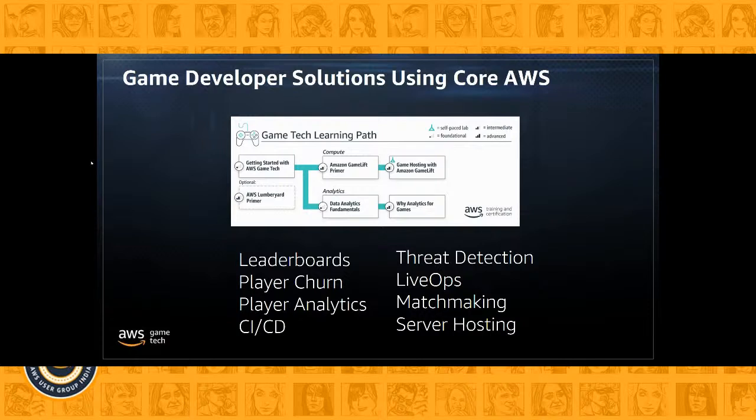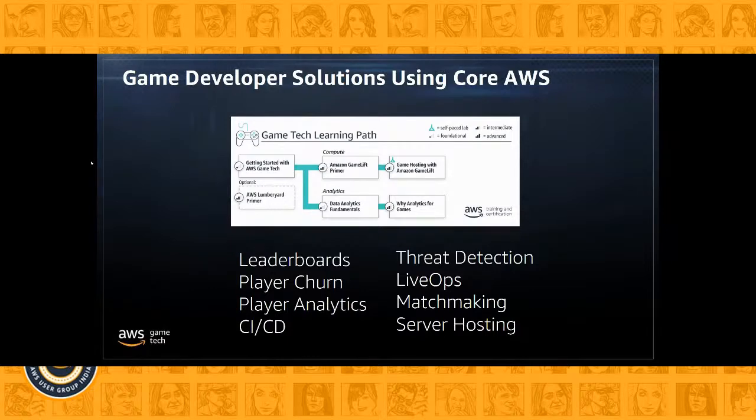We created this path with the hope of people taking it and genuinely understanding what Game Tech has to offer, and then having more conversations with us and expanding on the different solutions they're looking to build for their game. This could be a couple of the solutions listed below, like leaderboards, which we will talk about later today.